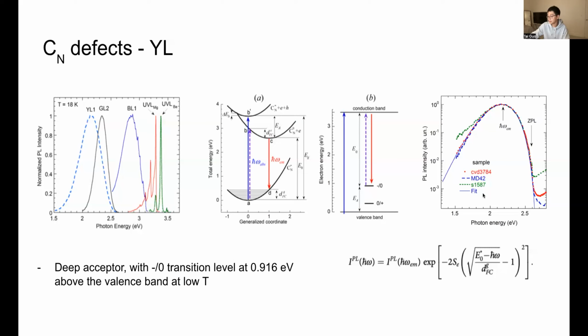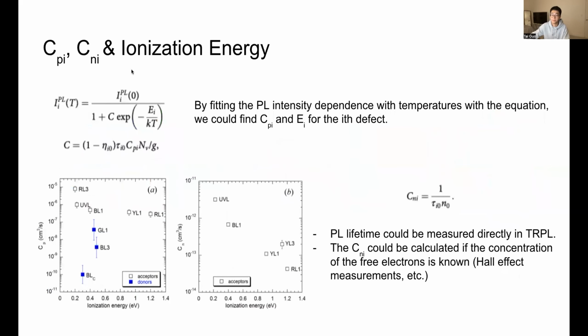I will not go into the details about this model, but if you fit the experimental data with this equation, you could potentially get some parameters that could be useful for other analysis as well. This slide shows how we could use the bands in the spectra to get some information about the defects in the system. And apart from the band, we actually could get some more specific information about the defects themselves.